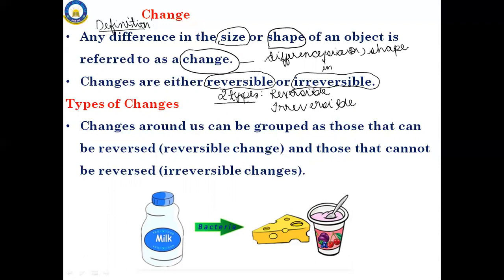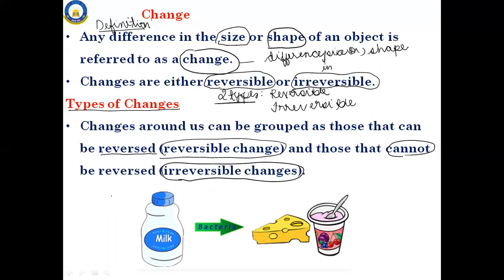Now we are starting on the types of changes. Changes around us can be grouped as those that can be reversed, which we call reversible change, and those that cannot be reversed.